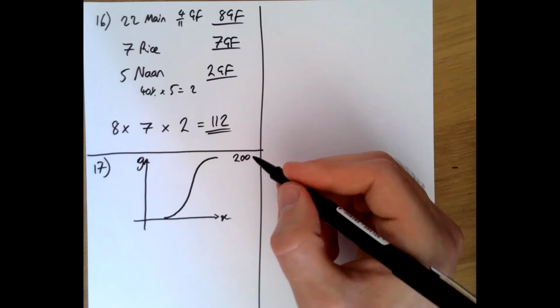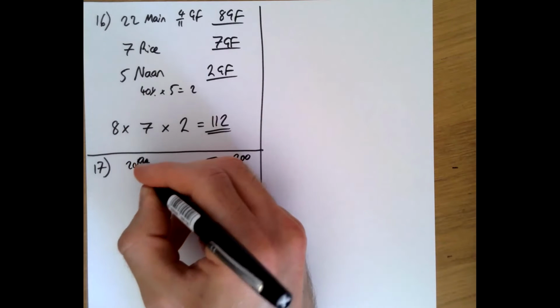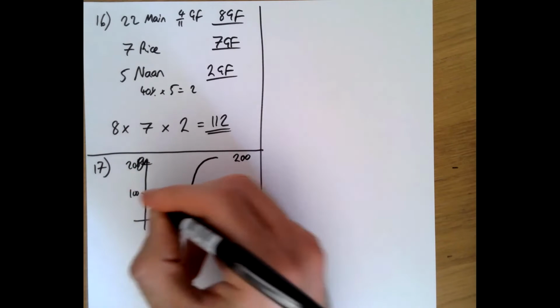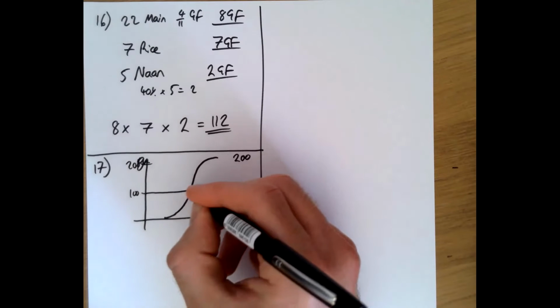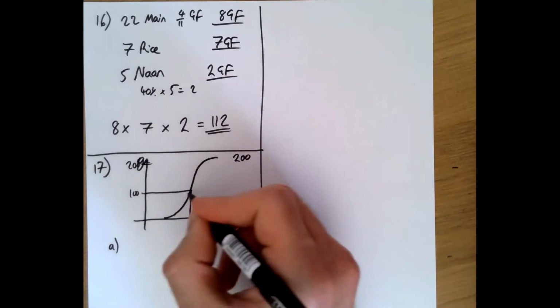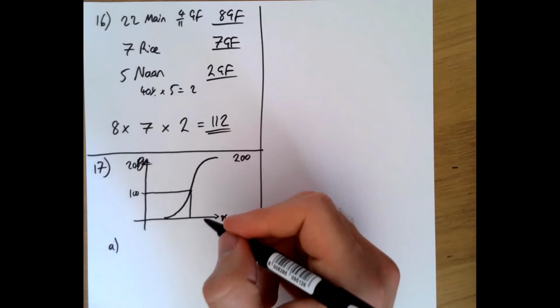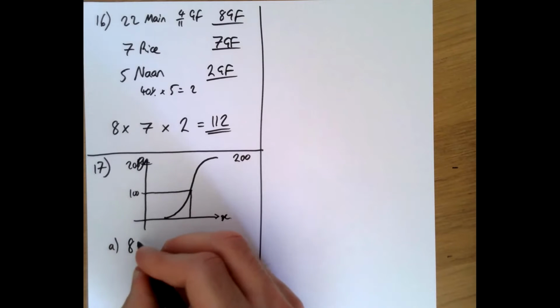The median you should know is the middle. So if this number up here is 200, the middle one is 100. So use your ruler again to go to the line and down. Make sure those lines are on there. And looking at this one, hopefully you should get 83 grams.